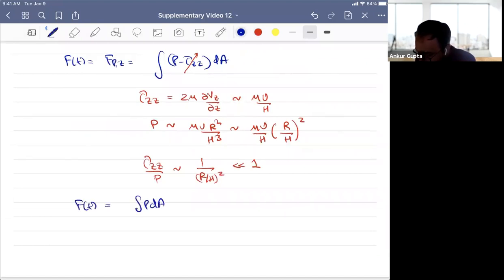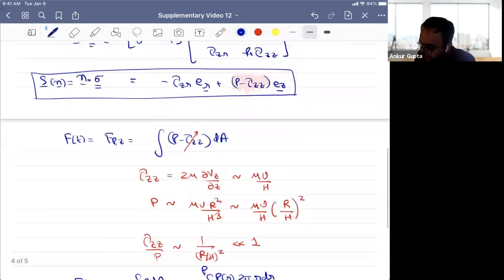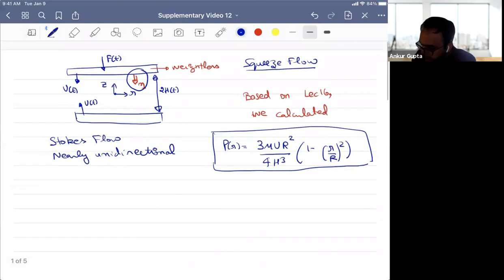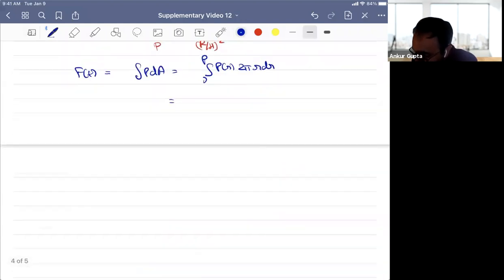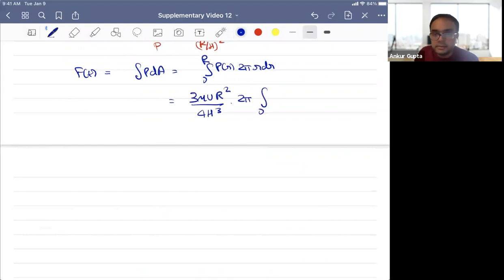the integral of P dA, or finally the integral from 0 to R of P of r times 2 pi r dr. And P is 3 mu u R square by 4h cube times (1 minus r square by R square). So this is 3 mu u R square by 4h cube times 2 pi r, integrated from 0 to R. I had made a small error: 0 to R here.